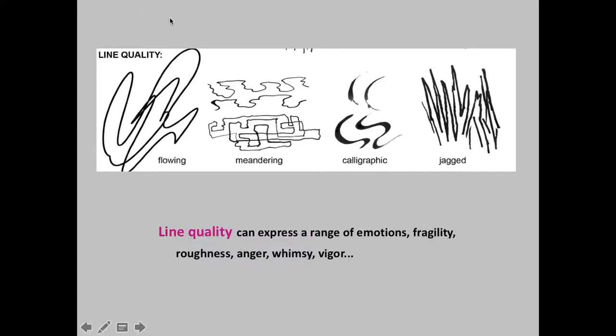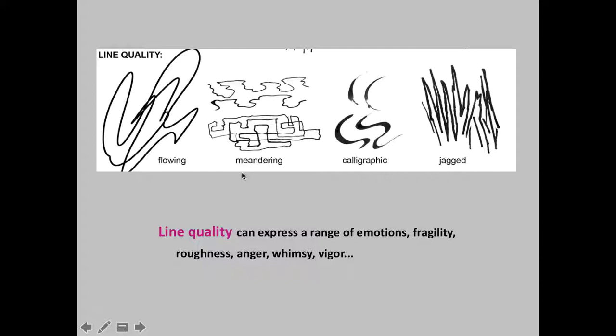Certain pens you use wouldn't be able to do this because they would be too pointy and tear the paper. This is all done with micron pens, which is a specific art type of pen. A calligraphic line goes chubby, then skinny, then chubby, and that's done with a special point at an angle or a brush tip. Jagged lines can be made with all kinds of things.